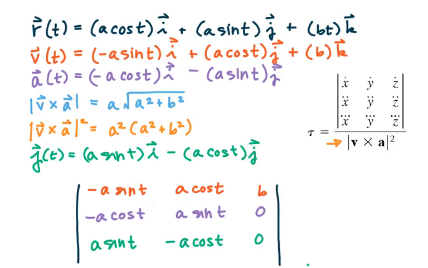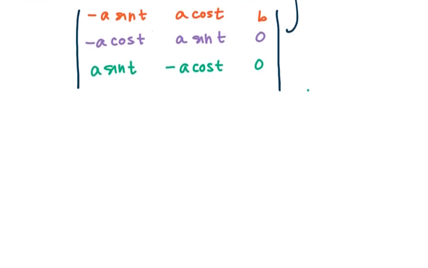So calculating this determinant is going to give me that value in the numerator. And once I have that value, I'm going to divide it by the magnitude of V cross A squared. So let's figure out what my numerator is here.